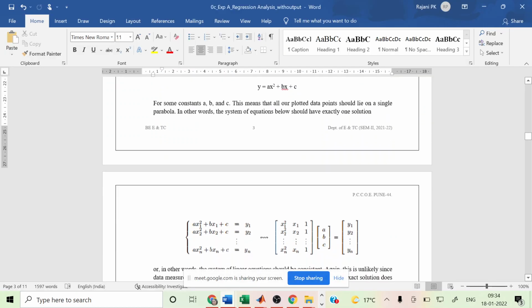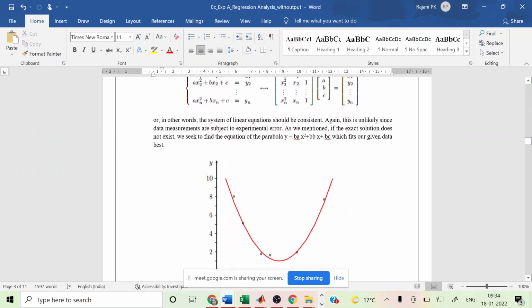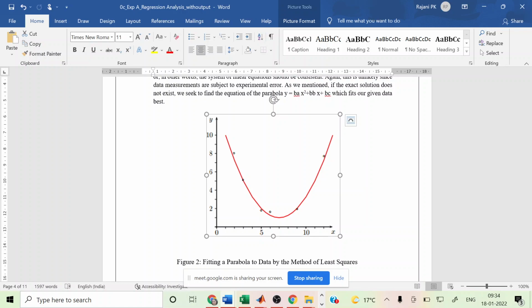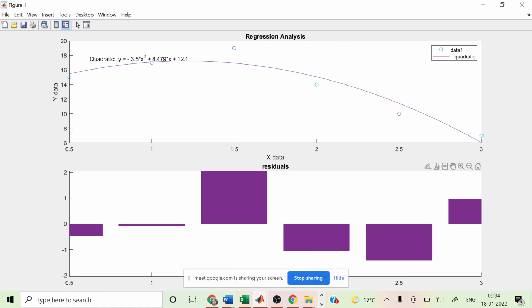Okay. So how you are getting that linear or parabolic equation, and according to the equation we will be plotting the graph. Again you can see that there is a variation or deviation from the curve. What is the deviation? We call it error.